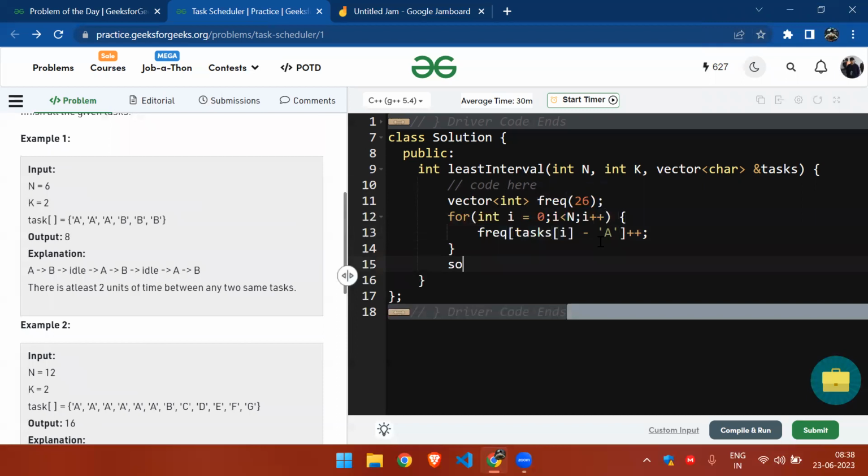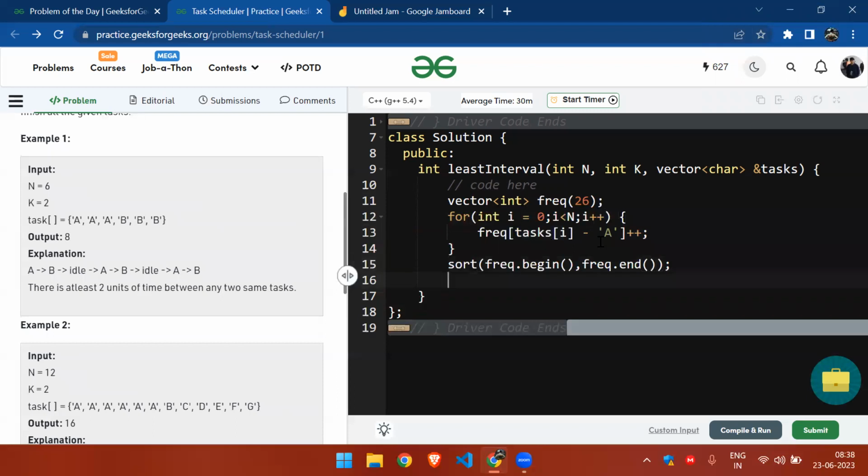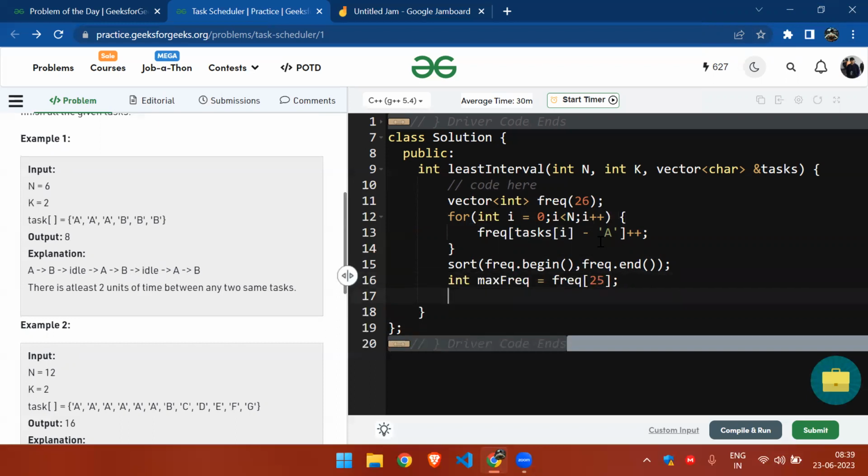Now all I am going to do is to sort the frequency array, or you can say the vector, from start to end. And I'm going to find out the maximum occurring character. So let me name it as max frequency. As we have sorted it in ascending order, the maximum frequent character would be lying on the 25th position. And now I'll be calculating the number of chunks.